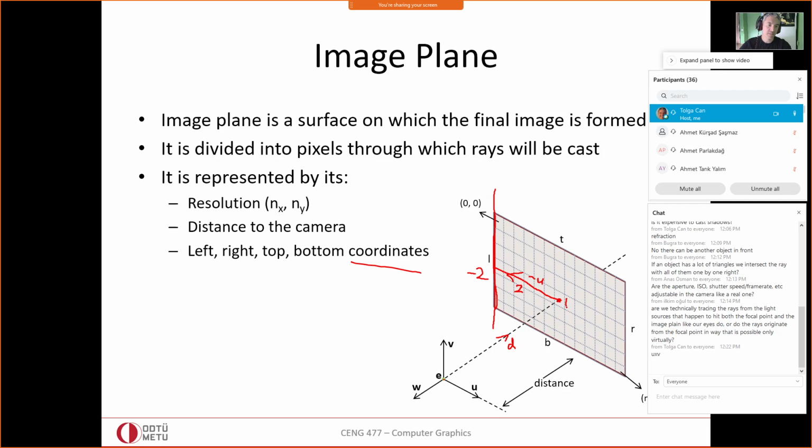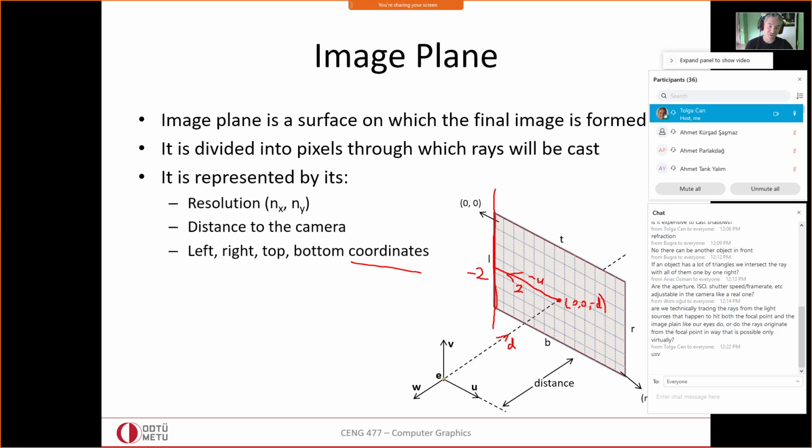In other words, the coordinate of this will be 0, 0, minus d in the local coordinate system of the camera. That's very important. Sorry if this is confusing. We were talking about global coordinates and other things, but the world coordinates of this is not going to be 0, 0, minus d.